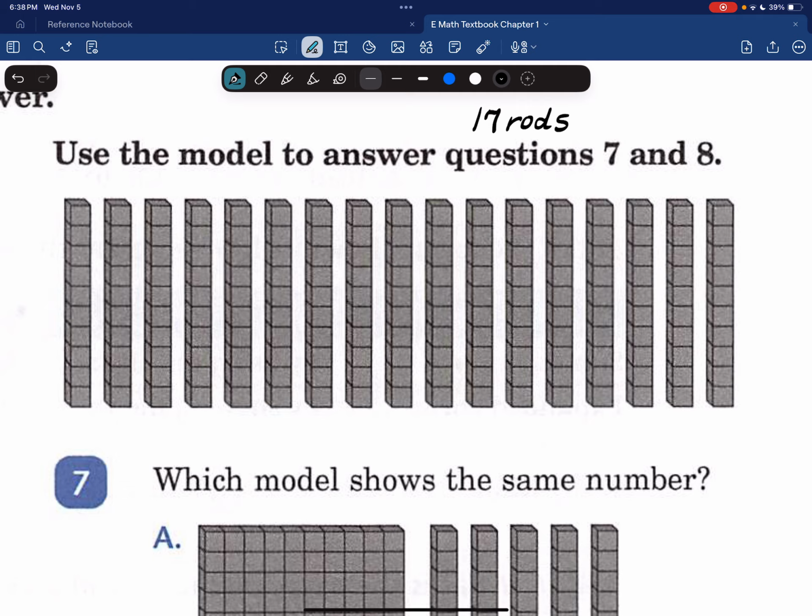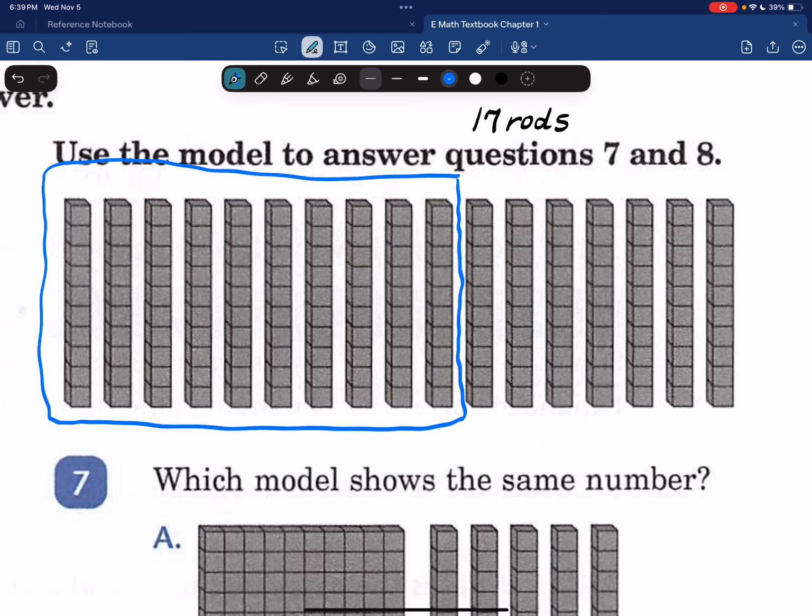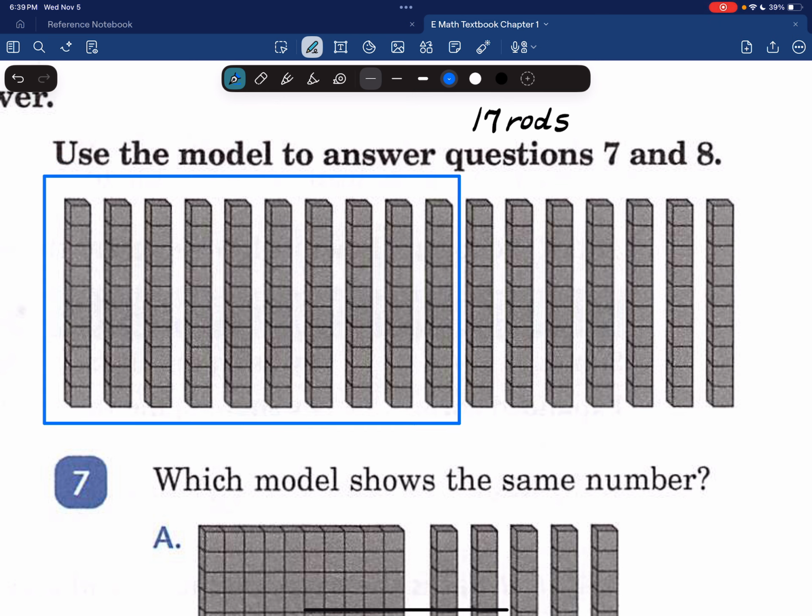And I'm going to go ahead and mark that flat just for my own reference. 3, 4, 5, 6, 7. So it's going to be right in here. This is a flat that I'm marking off because there are 10 of those rods. So I'm going to call that 1.